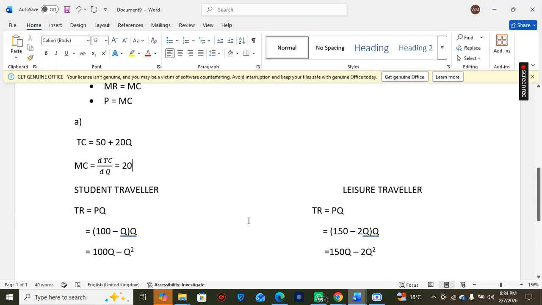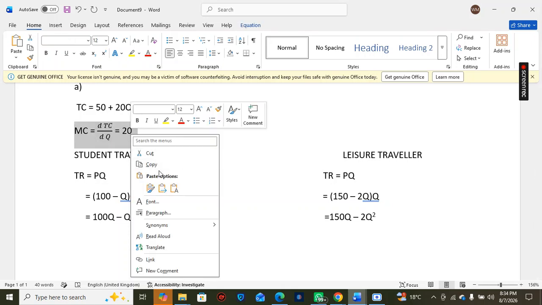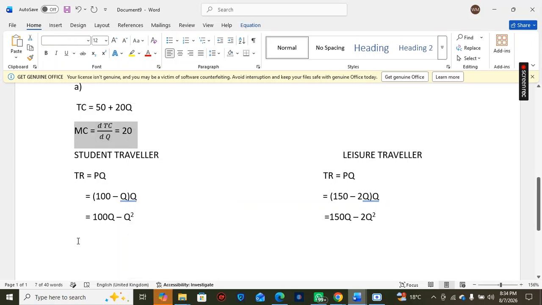That's the total revenue for the leisure traveler. So we're now going to get the marginal revenues for each. Marginal revenue is basically the extra revenue per student.